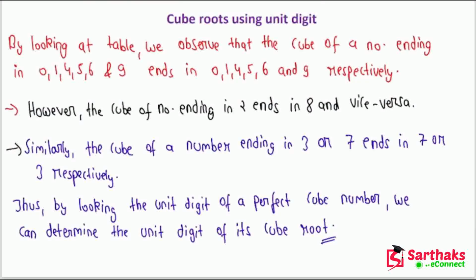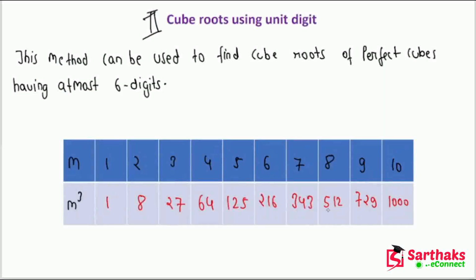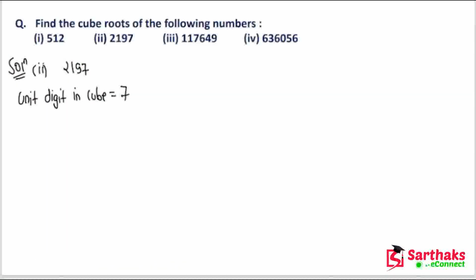If the unit digit in a cube is 7, then we can very well see that the unit digit in the cube root would be 3. So the unit digit in the cube root is equal to 3. Okay, now we'll strike down the last 3 digits.